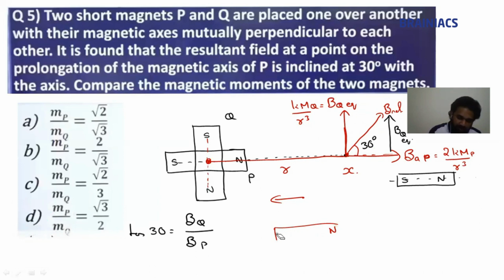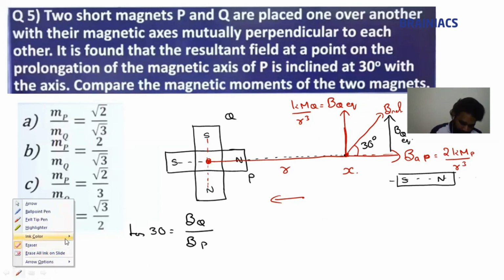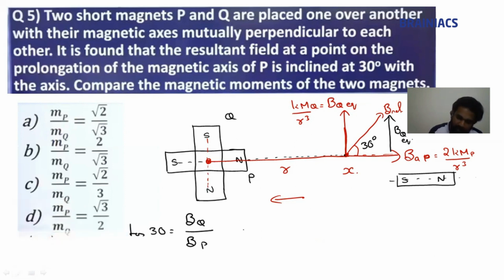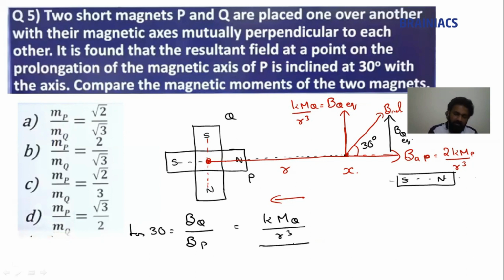If I substitute the formula for both, due to Q we get k times the magnetic moment of Q divided by r cube, divided by 2k times the magnetic moment of P divided by r cube.